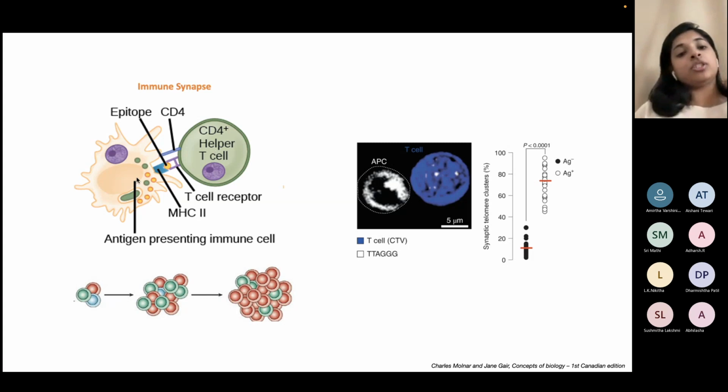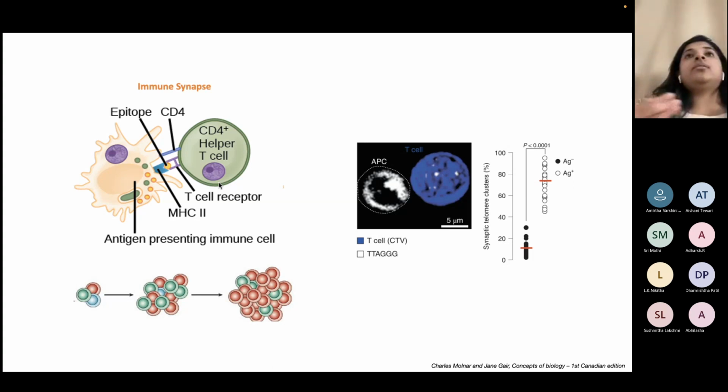Once this immune synapse complex formation occurs, the T cell goes into proliferative cycles and undergoes many rounds of replication, increasing its number exponentially so that it can secrete effector proteins and help with the activation of B cells.